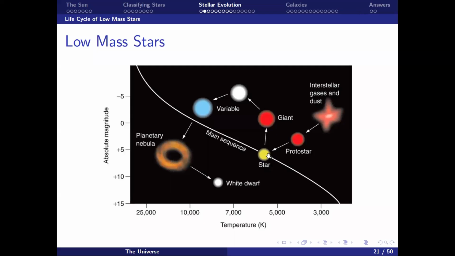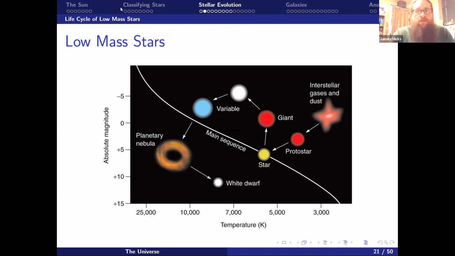So when it's on the main sequence, that's when it's undergoing the fusion process, and that's where it spends the majority of its lifetime. Eventually, it starts to run out of fuel. When it's a main sequence star, there's kind of two things going on inside the star.